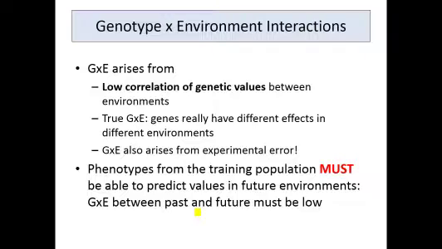In other words, your phenotypes are not that accurate, and therefore you don't have accurate estimates of genetic values, and therefore they can't possibly correlate to genetic values from other environments. An important point here, though, is that the phenotypes from your training population must be able to predict the value of genetic values that will occur in future environments. So basically the G/E between past and future environments must be low.